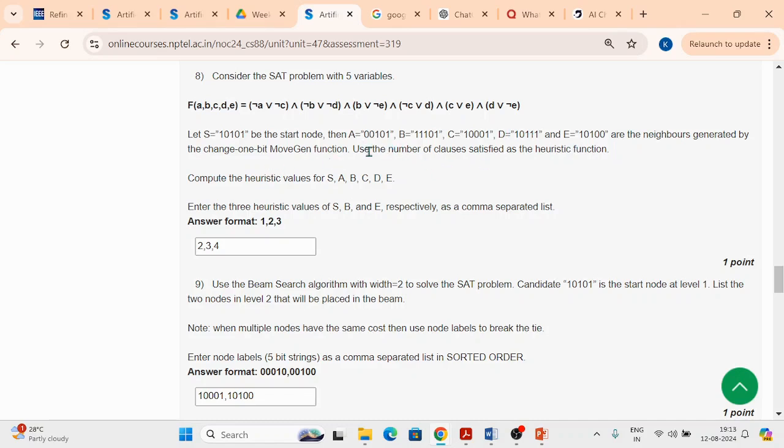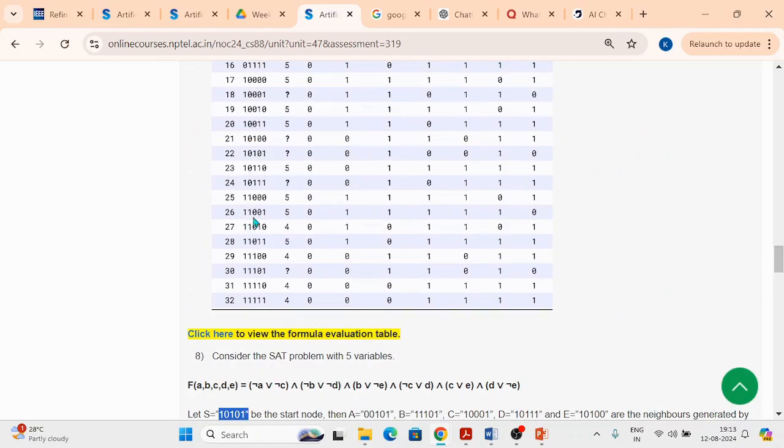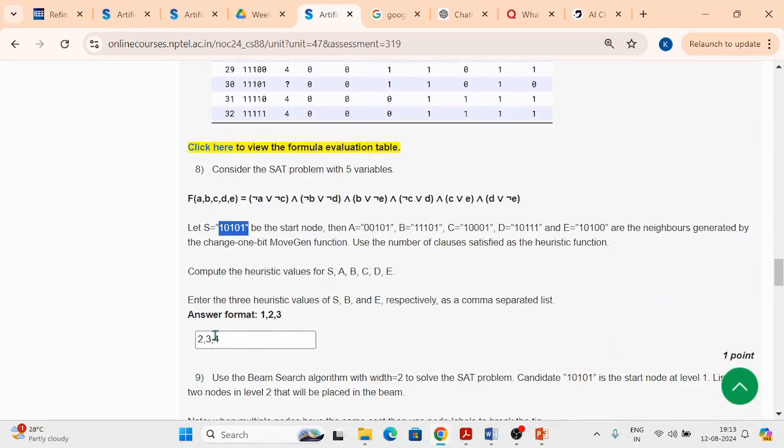Now they are asking to enter the three heuristic values of S, B, E respectively. For S, 1 0 1 0 1, the number of 1s is 1 2, so there are 2. Enter 2.